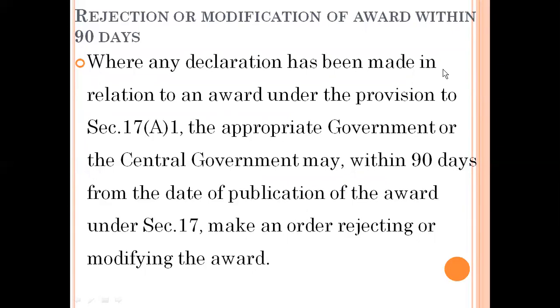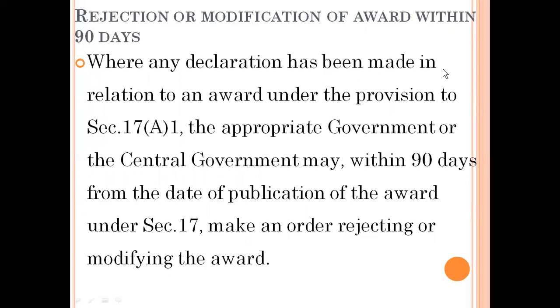Rejection or modification of award within 90 days. Where any declaration has been made in relation to an award under the provision to section 17A subsection 1, the appropriate government or central government may, within 90 days from the date of publication of the award under section 17, make an order rejecting or modifying the award.